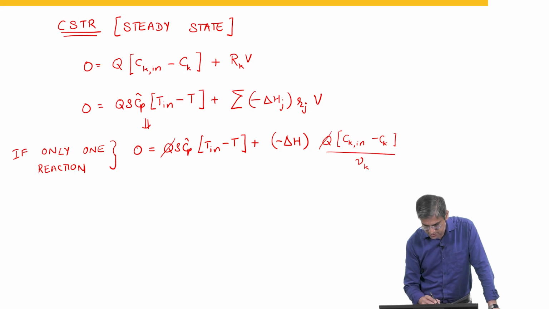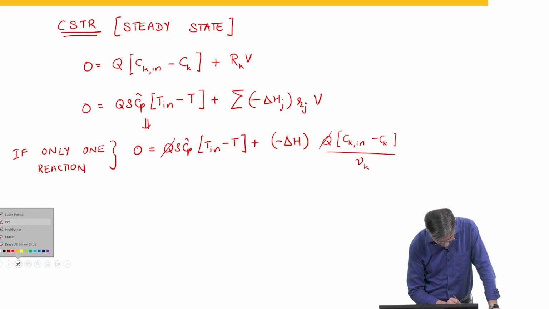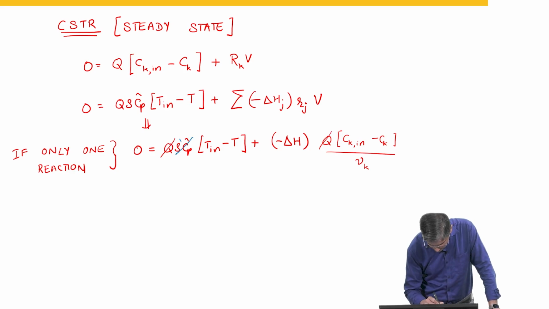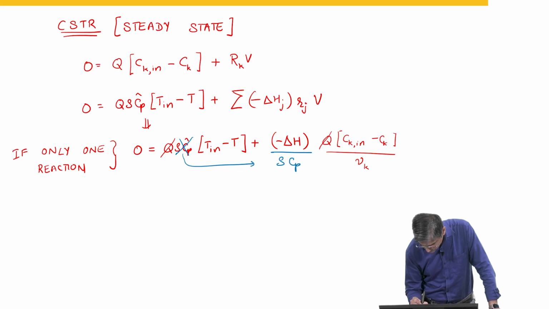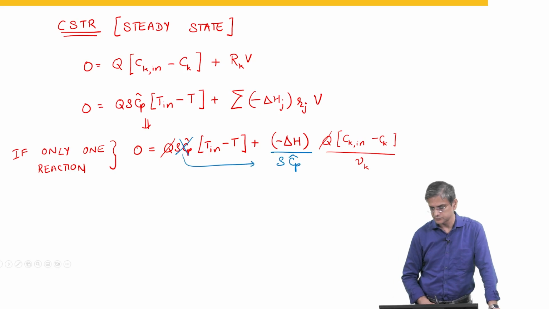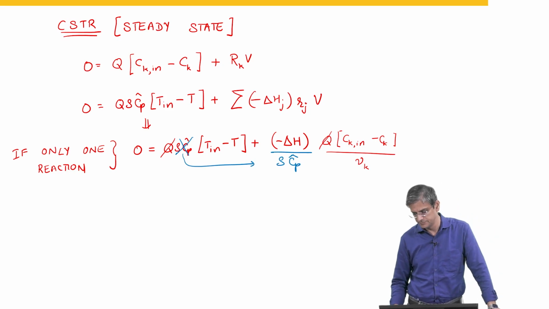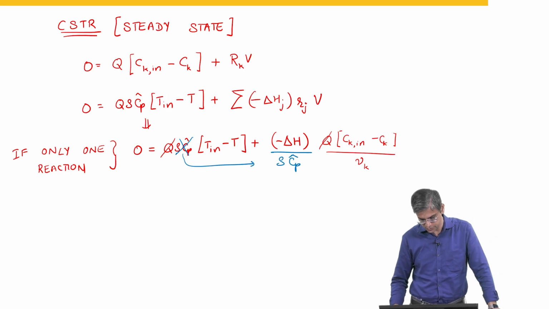Q and Q get cancelled, and Cp hat. This is what you are going to get.